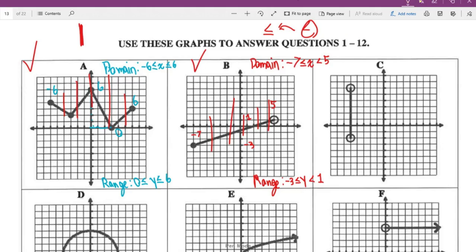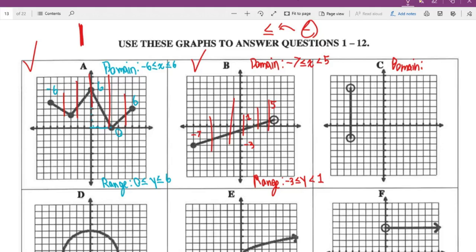So to find our x first, to find our domain, we have to start at our origin. So 0, -1, -2, -3, -4, -5.